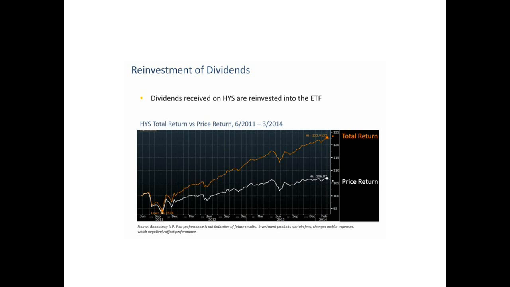As of March of 2014, it was 4.49%. And therefore, as illustrated by this chart, the total return on this ETF is going to be higher than just the price return because it's going to continue to grow as those dividends are reinvested.